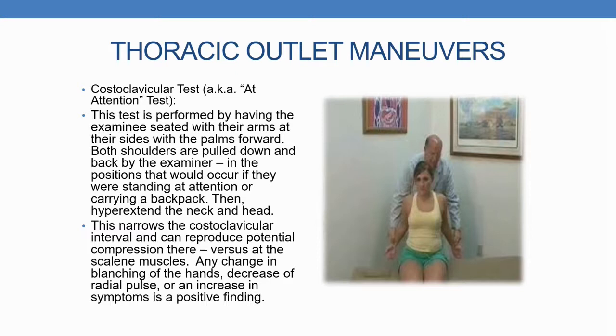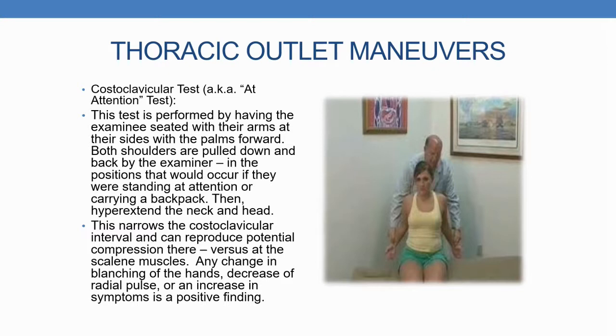The costoclavicular maneuver, also known as the at-attention test, directs our attention now a little bit more distally away from the scalene muscles by attempting to reproduce compression at the costoclavicular interval. Now, to perform this maneuver, begin with the examinee seated and place their arms at their side with palms facing forward.